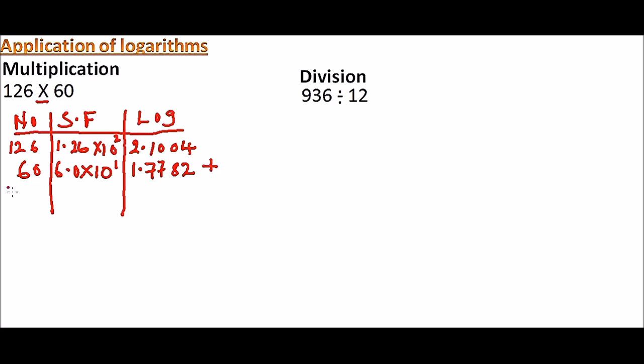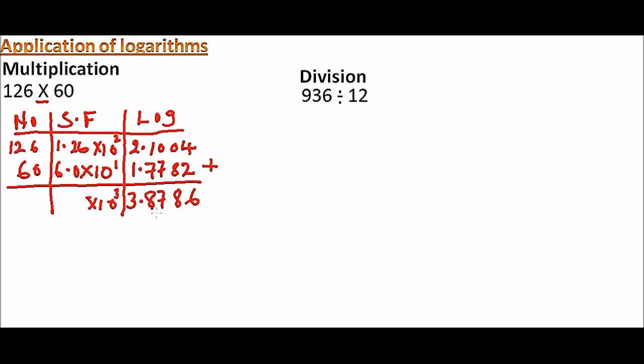So we put a line there. When you add, 4 plus 2 is 6, 0 plus 8 is 8, 0 plus 7 is 7, then 1 plus 7 is 8. We put a point there. 2 plus 1 is 3. So in standard form, then we go the reverse. 3 here represents 10 to power 3.